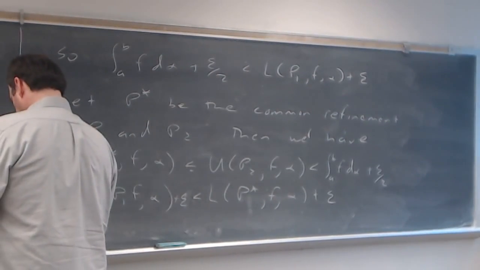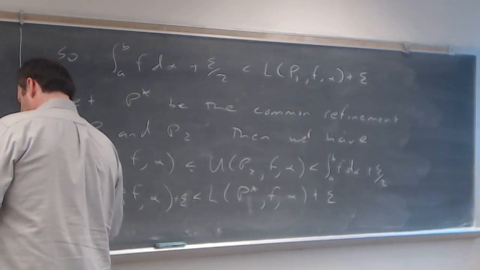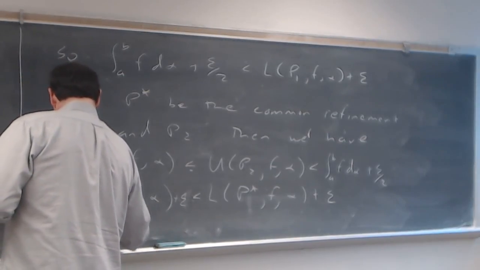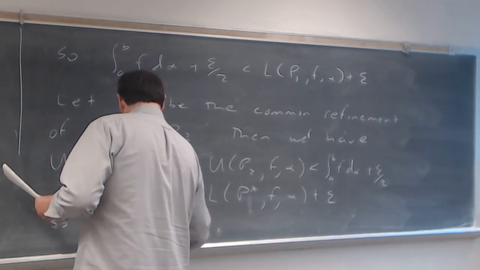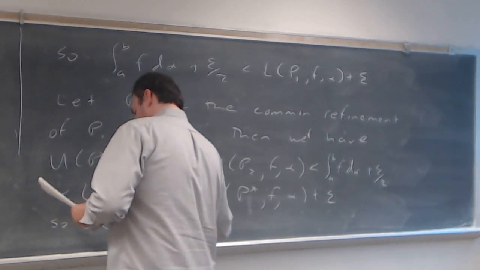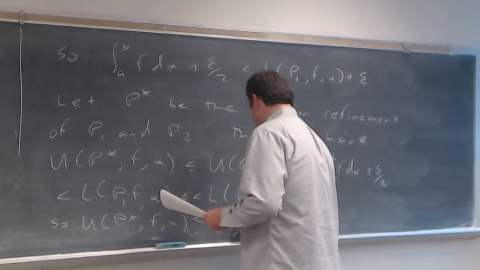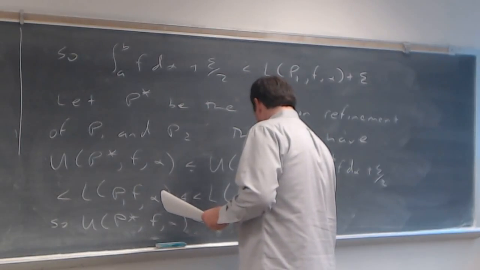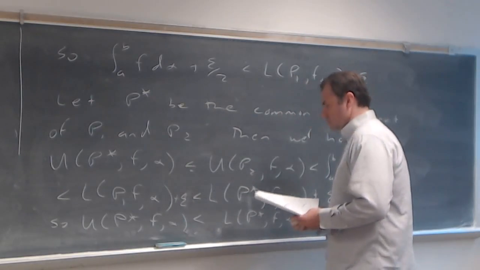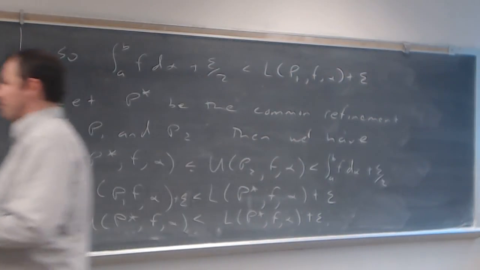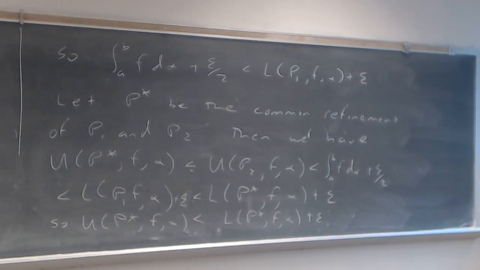So that says this upper sum with this refinement is less than this lower sum with this refinement partition plus epsilon. So we get the result we wanted by just subtracting the lower sum from each part of the inequality.